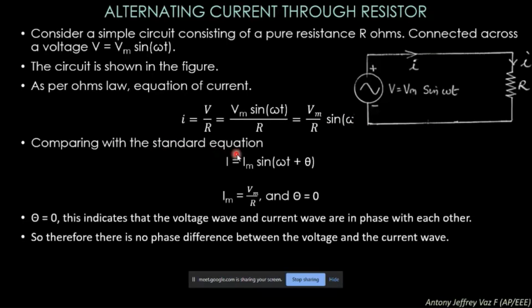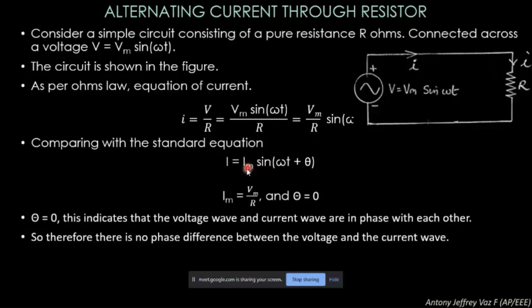Comparing with the standard equation, I is equal to Im sin omega t plus theta, the current which is flowing through this path is nothing but the current which we gave through the voltage. That is, the voltage source will produce the current and pump the current into the resistance.